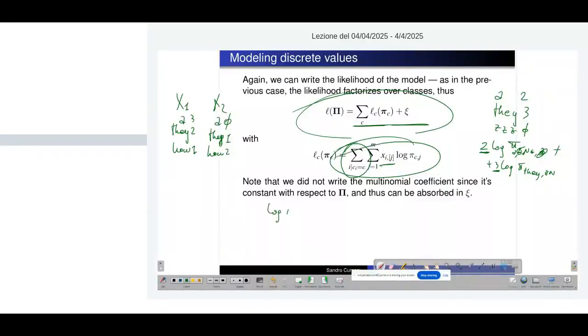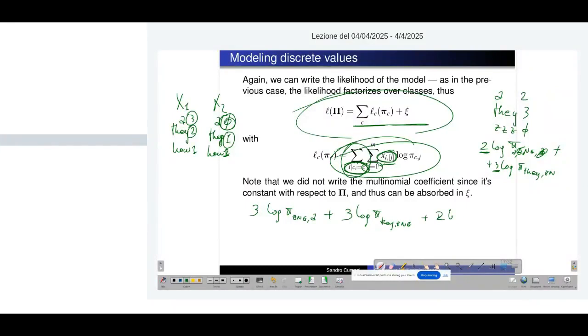I will have log of pi_A 3 times, 3 from document 1, and then 0 from document 2, plus log of pi_they, English. How many times? For the first document, 2, and for the second document, 1, so overall 3. And then let's do this one as well.